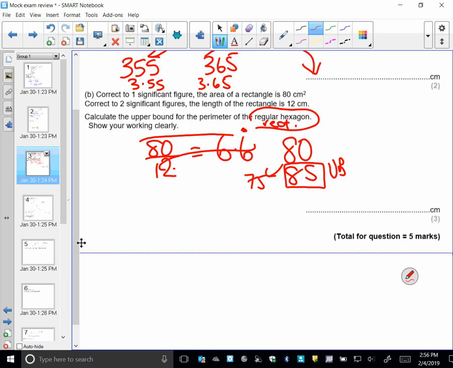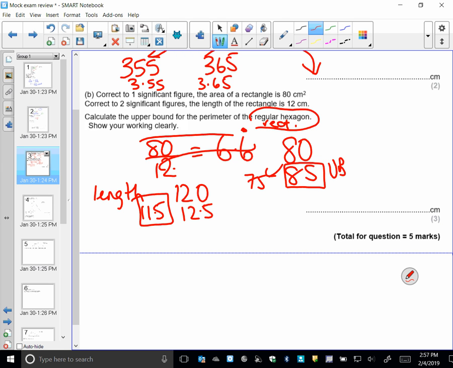Right, okay, so we've got our maximum value for the area, and what's our minimum value for the length? It was 12, so it's 11.5. Remember we say 12 and we add a 0, so this would be 125 and 150, and put our decimal back in, and our minimum value here is 11.5, yes?